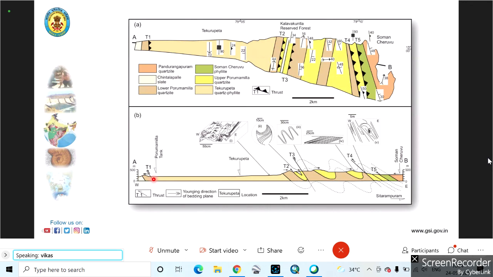We connected both of them, and where it is written as Tecuropeta, you can notice the large area between T1 and T2. This is all actually quartz phyllite. It's more like phyllite having some quartzitic layers in between. Or you can say it was actually a shale, which has been slightly metamorphosed.